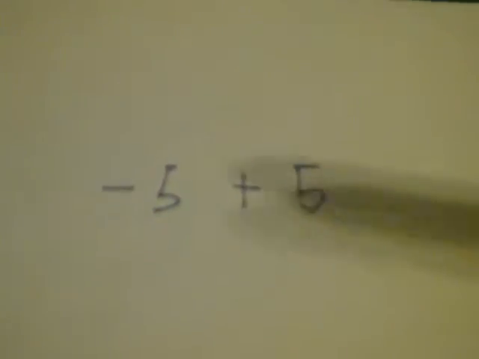Let's put it this way. You have a territory that's negative, and a territory that's positive. They both have the same value in their exact territory. They're both 5, same exact value, just different territories.